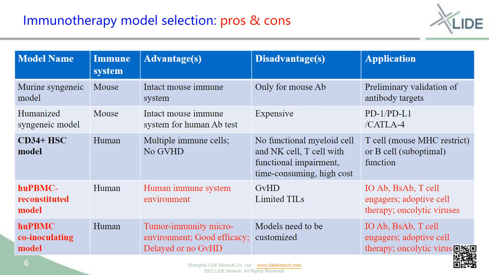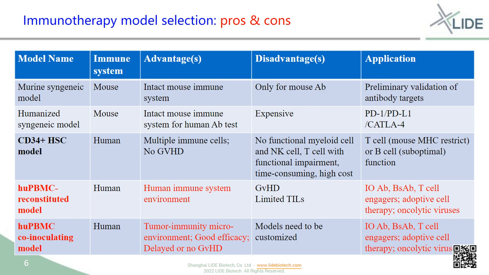The advantage of this model is a fully human immune system with delayed or no graft-versus-host disease. But there are no functional myeloid cells and NK cells, and T cells have functional impairment, although the phenotype seems fine. And most importantly, it is expensive and time-consuming.